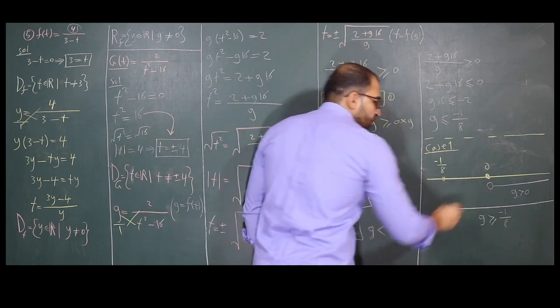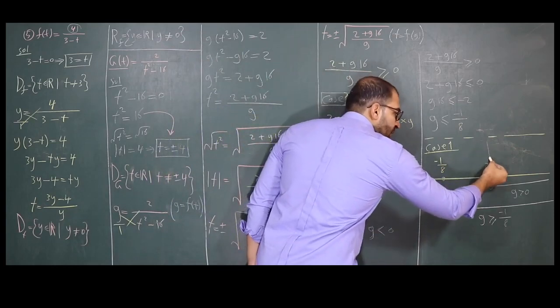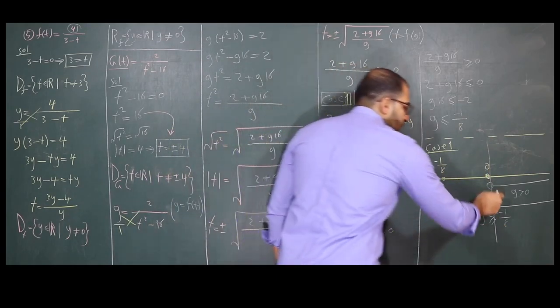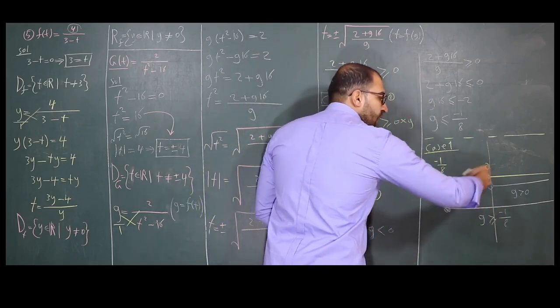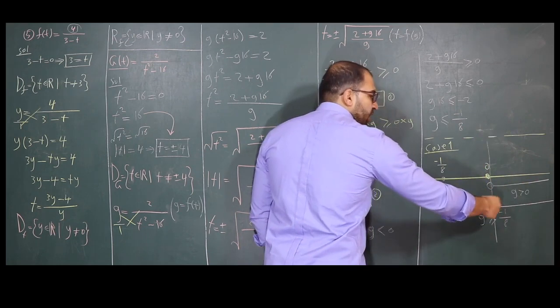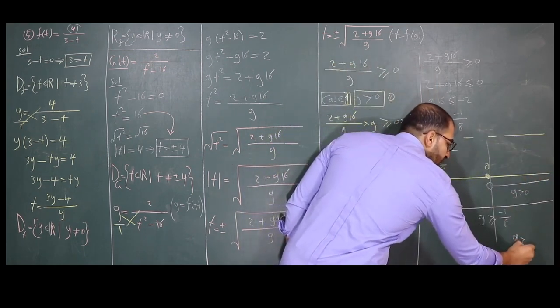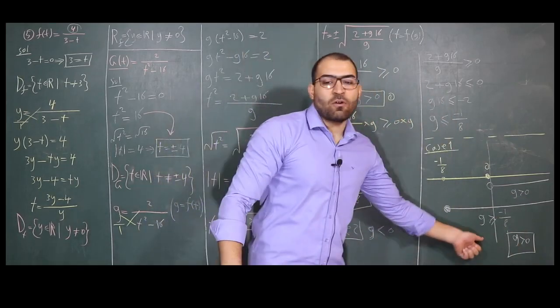I will take the elements in common between these two conditions, starting from the first point on the right where they have common elements to infinity. So that will be g greater than 0. This is the result of case 1.